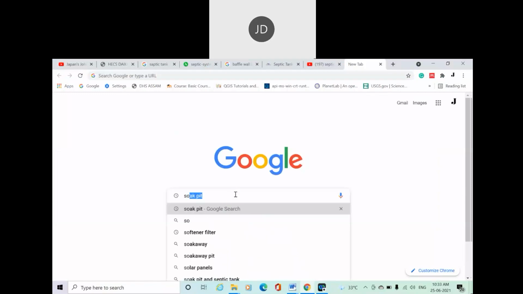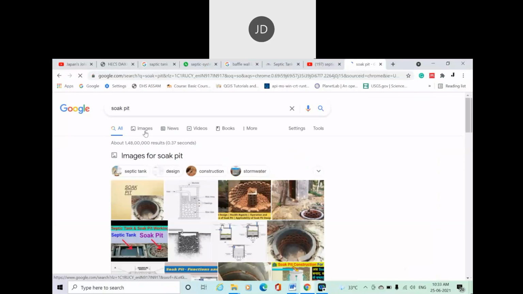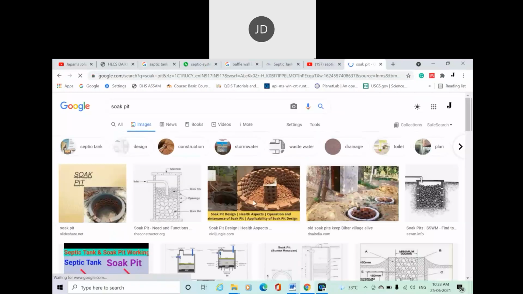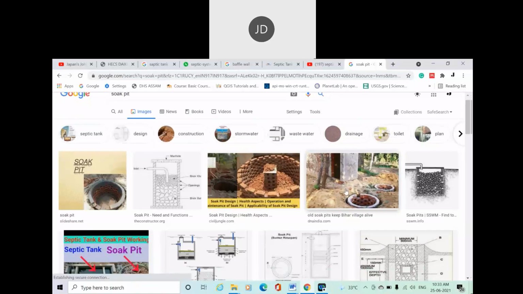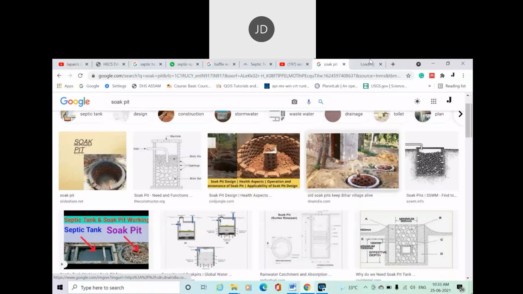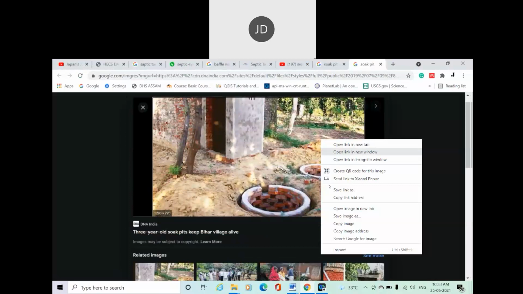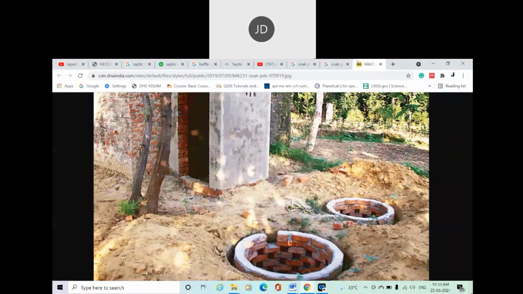Let me show you a soak pit. You can see this diagram. In this particular diagram, I don't know where it is located basically, but from the surroundings it's a kind of rural area, you can assume, right?